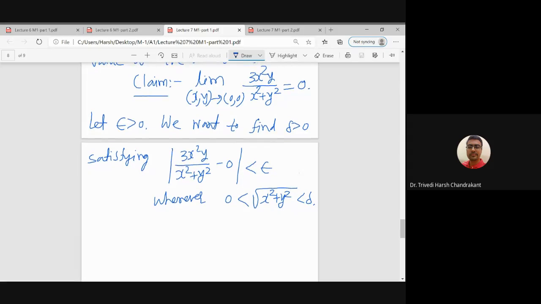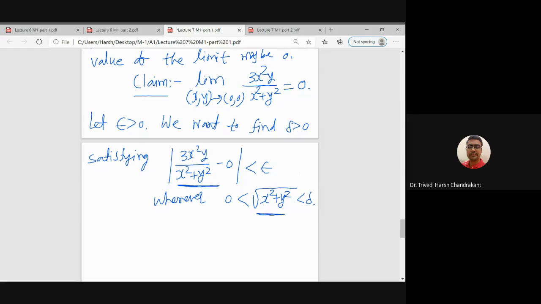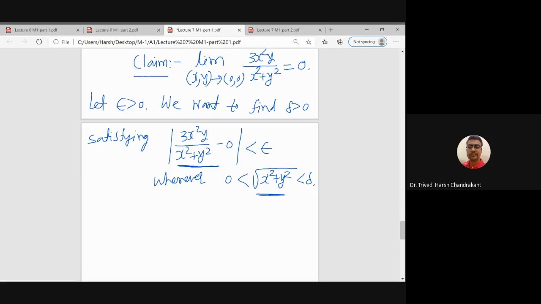So what we will do is we will basically try to squeeze this function by this quantity. All right, that is basically our plan. So we try to squeeze the function.